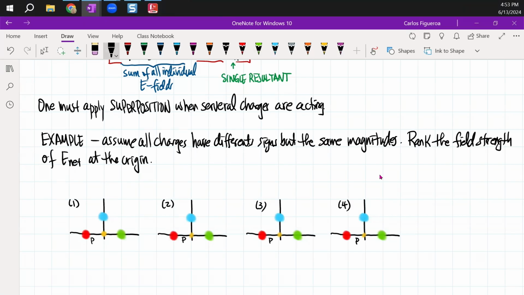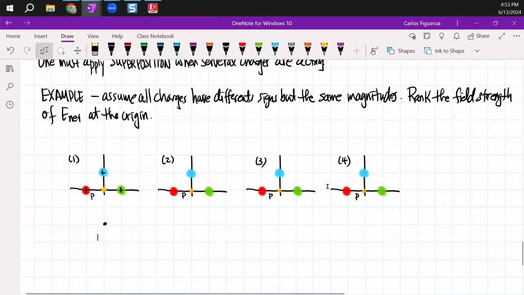So here we go. What happens if I have positive charges everywhere? If I draw a free body diagram of the fields, first of all, note that the red and green are symmetric. Because they are symmetric, they have no x component and there's only a y component.